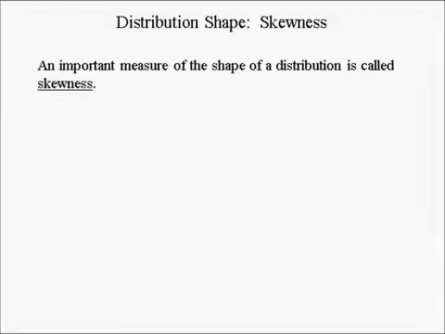As I said earlier, I believe the z-score is the single most important concept taught in elementary statistics. It can be used to help determine the shape of the distribution. A symmetric distribution will have a skew equal to 0. Left skewed distributions will have a negative skew, while right skewed distributions will have a positive skew.